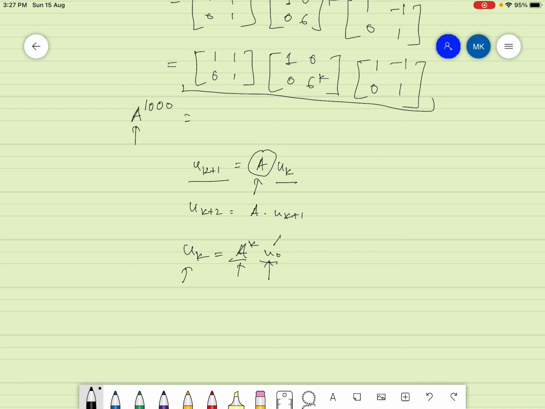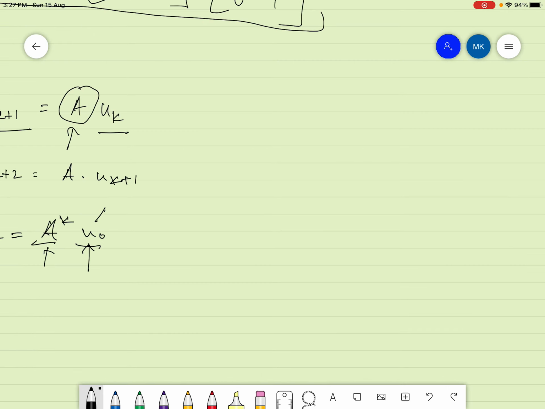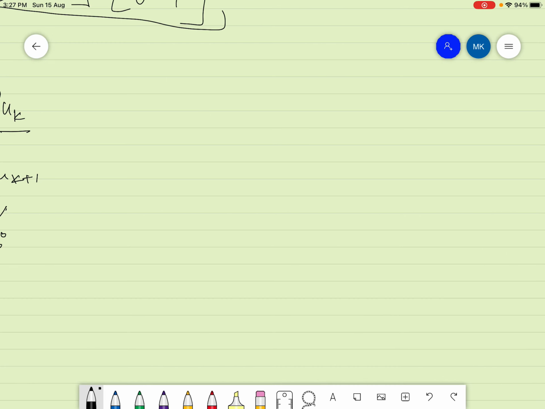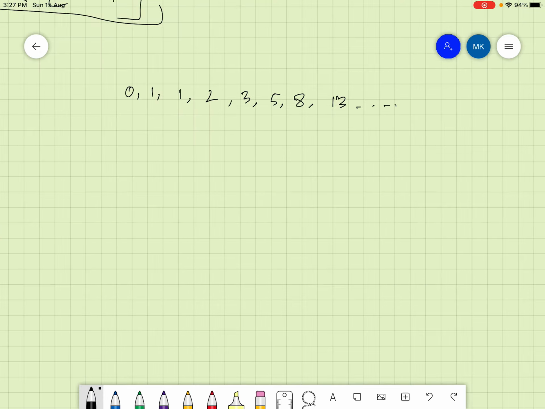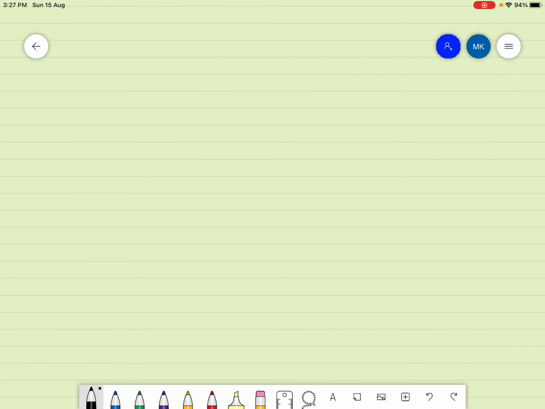up to infinity. Okay. For example, if we try to work out with the Fibonacci series, we all know what a Fibonacci sequence is, right? So it goes like this: 0, 1, 1, 2, 3, 5, 8, 13.